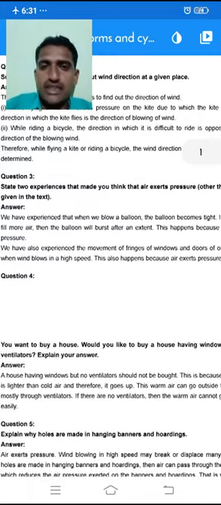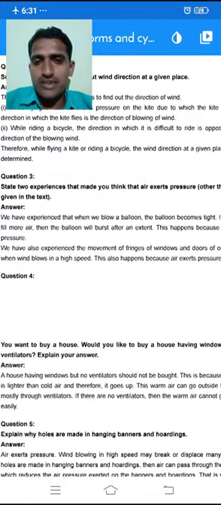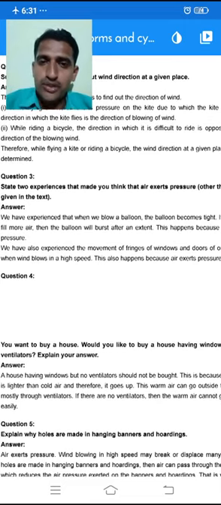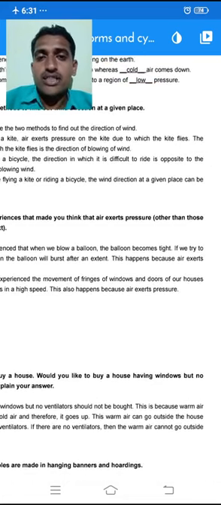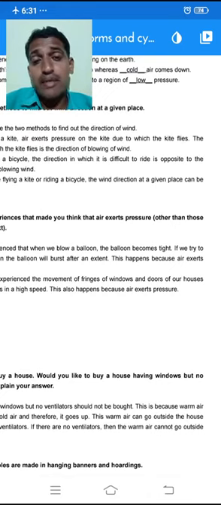While riding a bicycle, you are all very familiar with riding a bicycle, and it's one of the most interesting activities for you, right? When you ride a bicycle, there is a direction in which it is very difficult to ride. You might have experienced both.